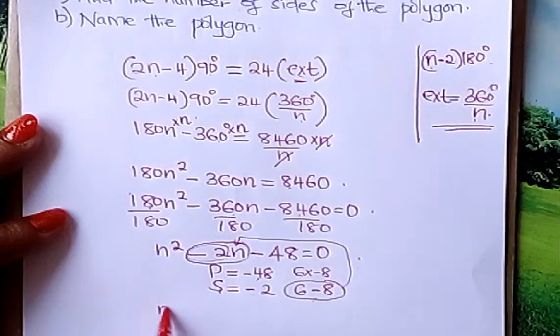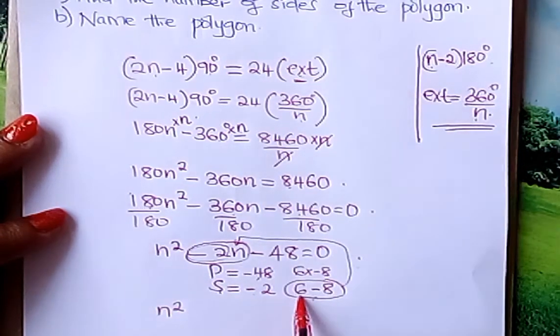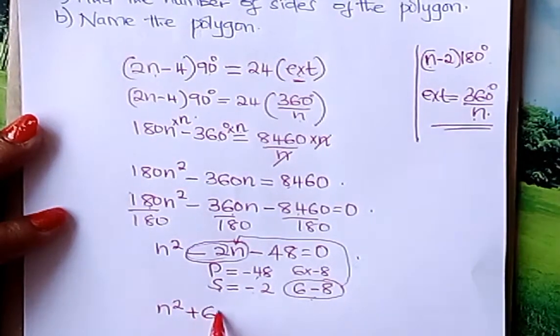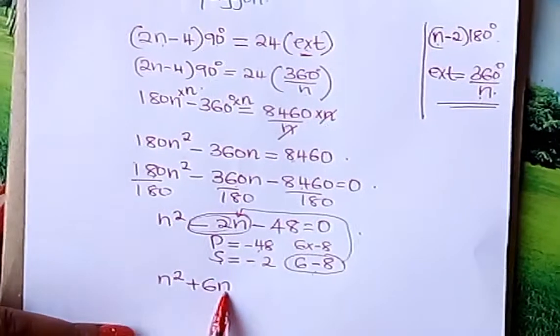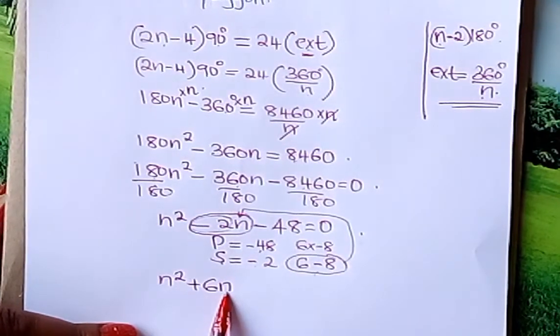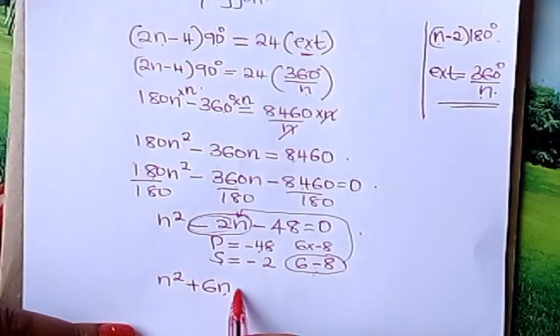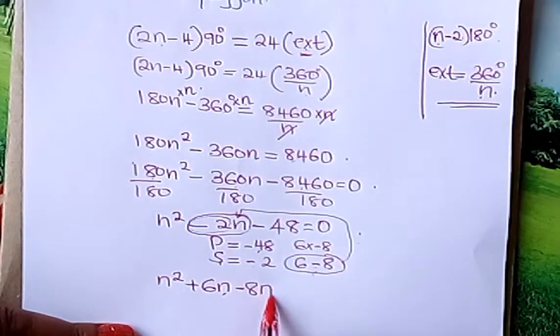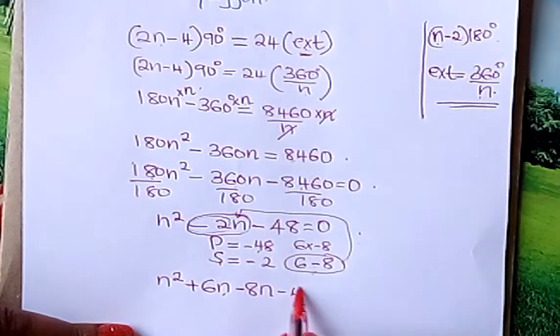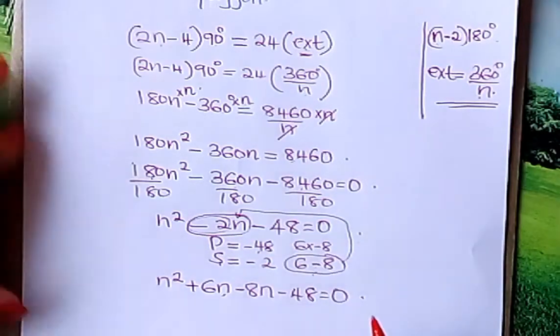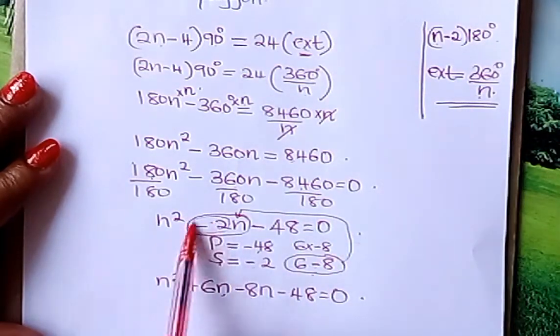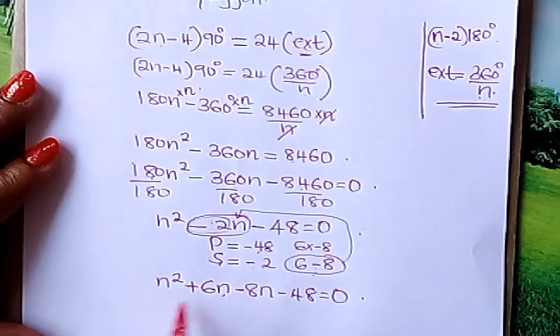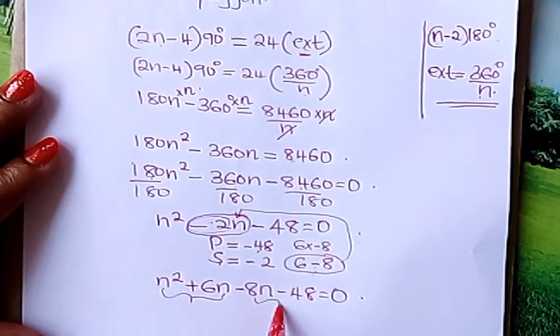Therefore you write n squared plus 6n minus 8n minus 48 equals 0. We have just substituted those numbers here. From there, we factor out what is common.